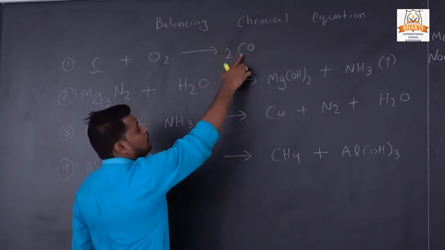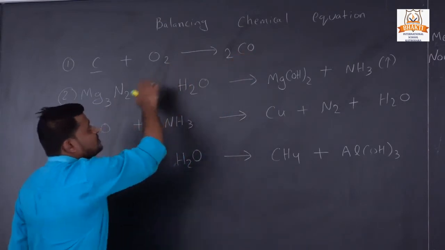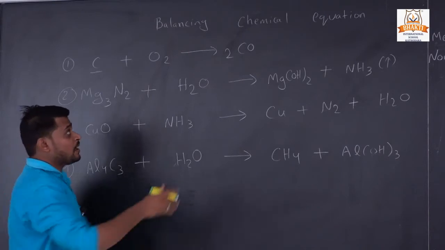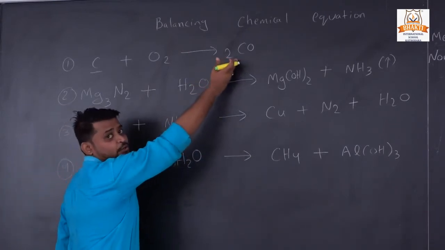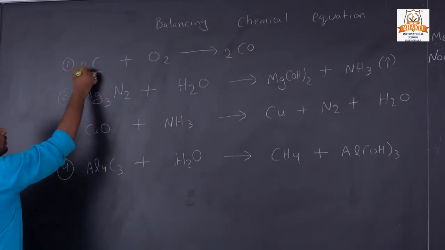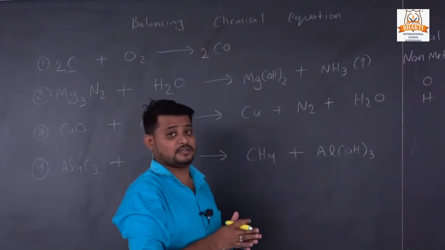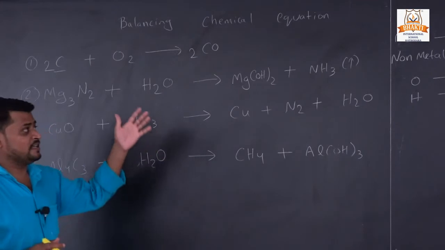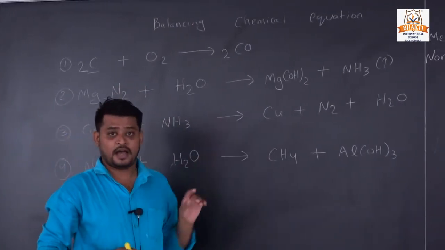Now the carbon is 2 and oxygen is 2, so oxygen is balanced, but carbon is not balanced. Why? Because here carbon is 2, and here 1. So we multiply here by 2. We will balance every equation like this: first we balance metal, then non-metal, then oxygen, and then hydrogen.